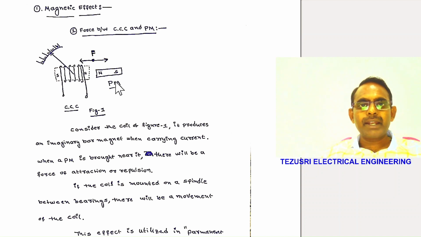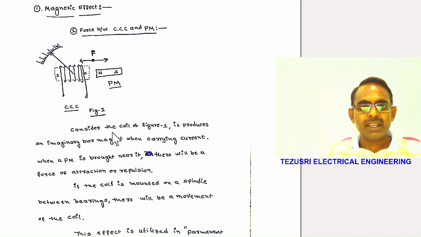When a permanent magnet is placed near this imaginary bar magnet, it produces a force of attraction or repulsion. According to this force, the movable coil is moved and the measured current is indicated on the instrument. This effect is utilized in permanent magnet moving coil instruments.